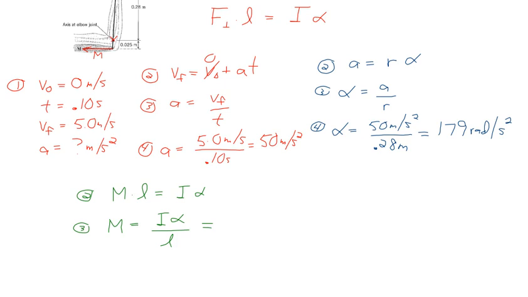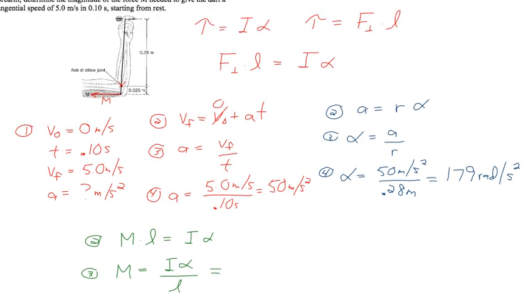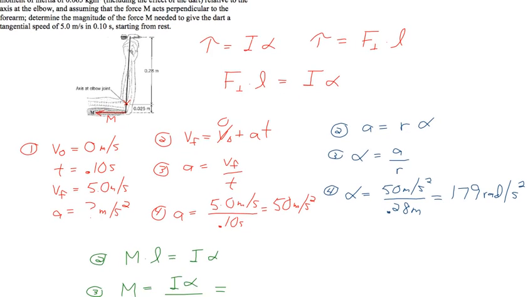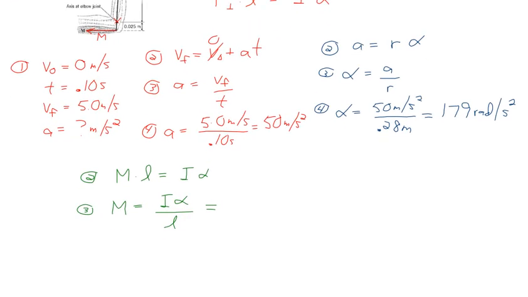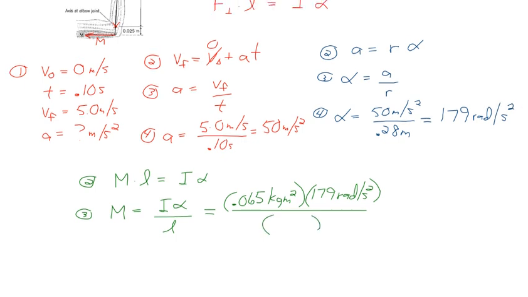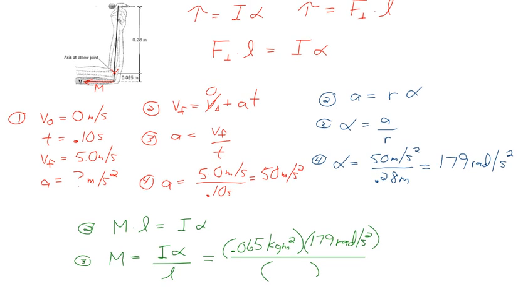And so the I, let me go back here and read it, the I is 0.065 kilogram meters squared. And the alpha is 179 radians per second squared. And that's going to be divided by, what's the L in this problem? 0.025.